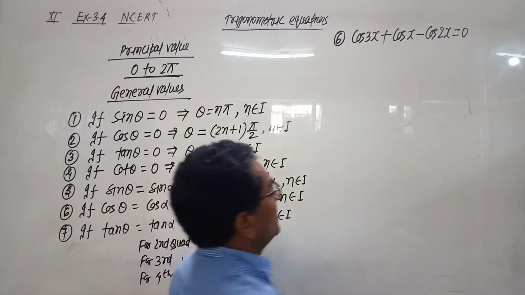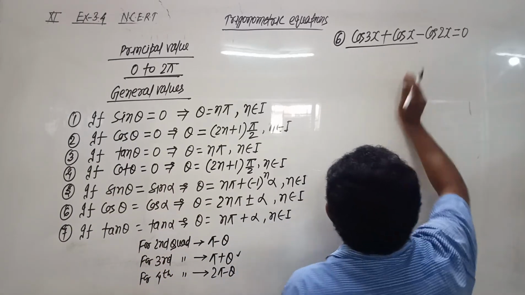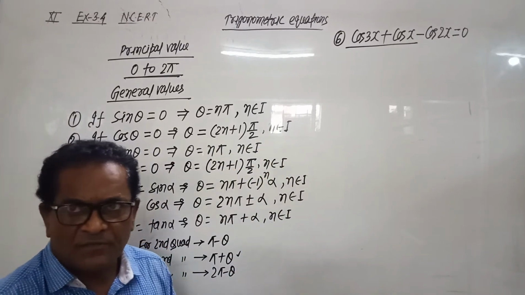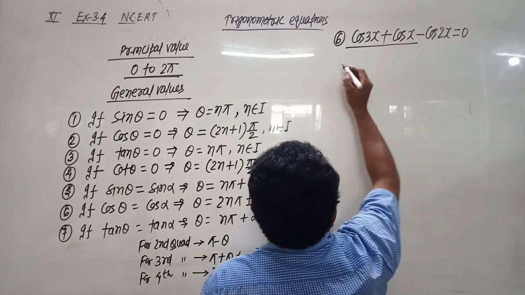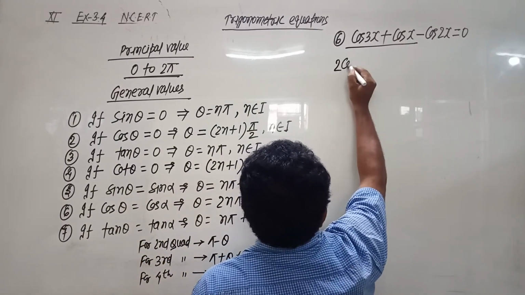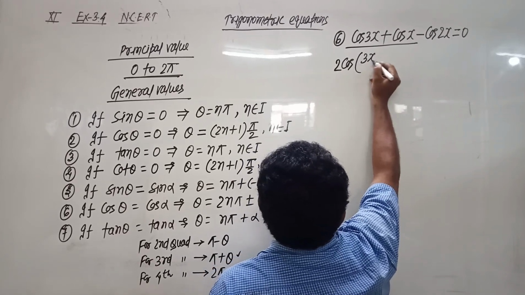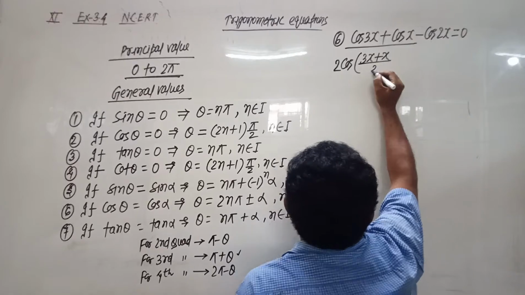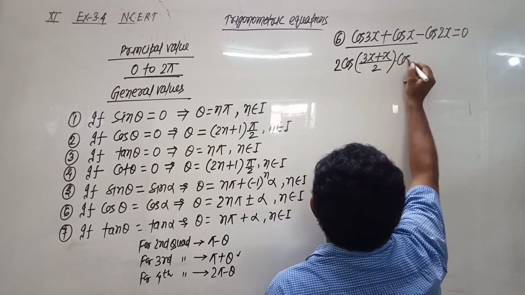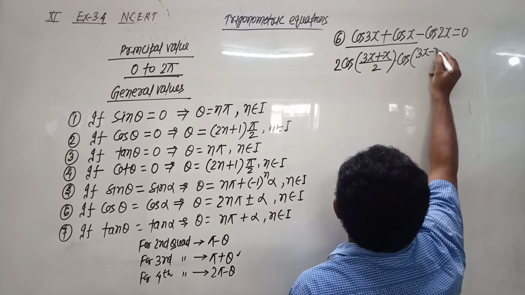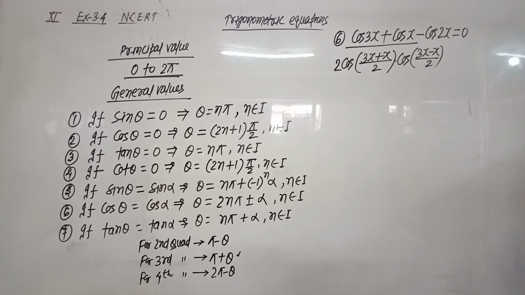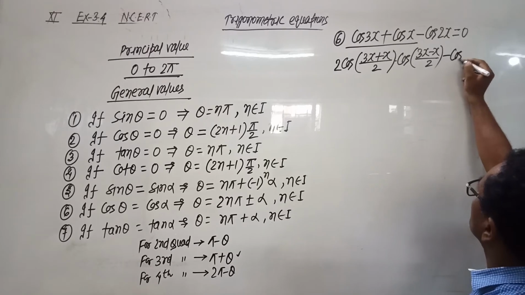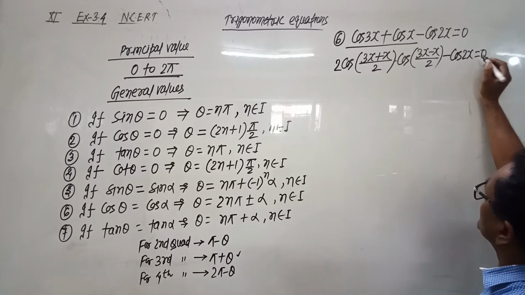So in this we will put together cos 3x plus cos x, and we use the formula for cos c plus cos d, which is written as 2 cos (c plus d) by 2 into cos (c minus d) by 2, and minus cos 2x equals to 0.